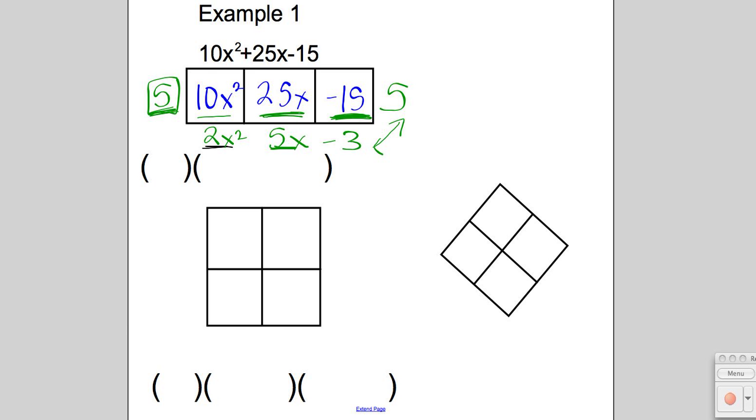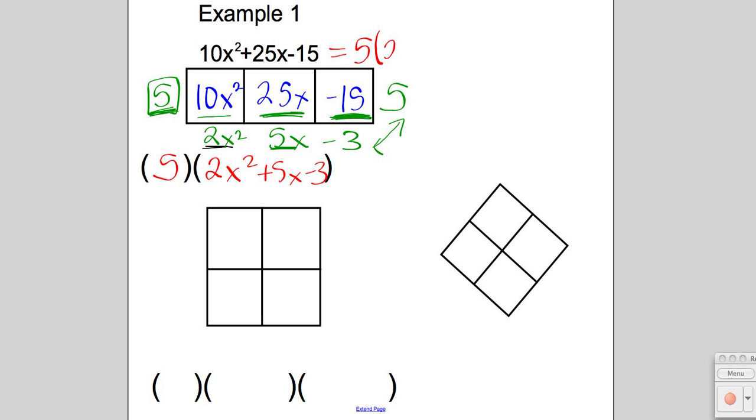Because they all had a common factor, a factor that goes into all three of those, they all can have 5 in them, and we can rewrite this expression in a new way. The new rewriting is 5 times 2x squared plus 5x minus 3. This expression in red is equal to the original.